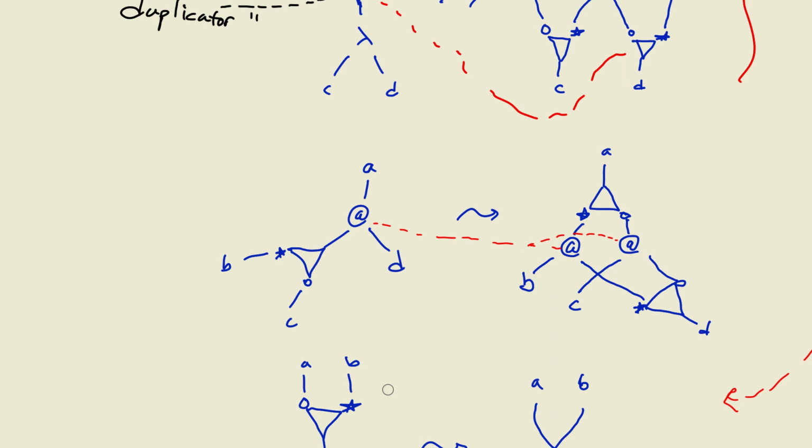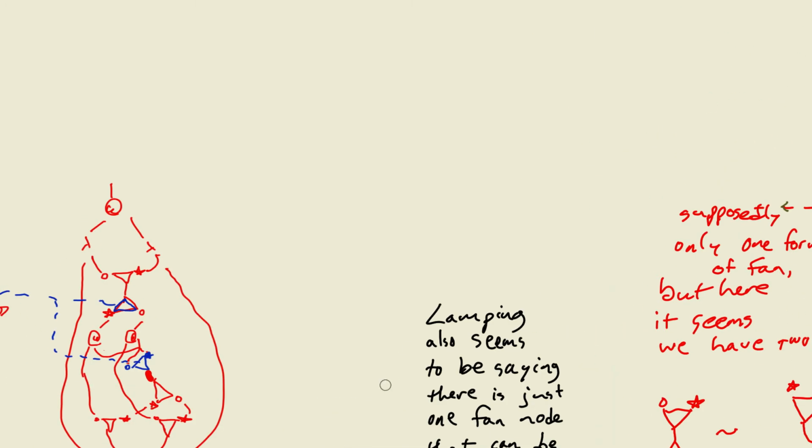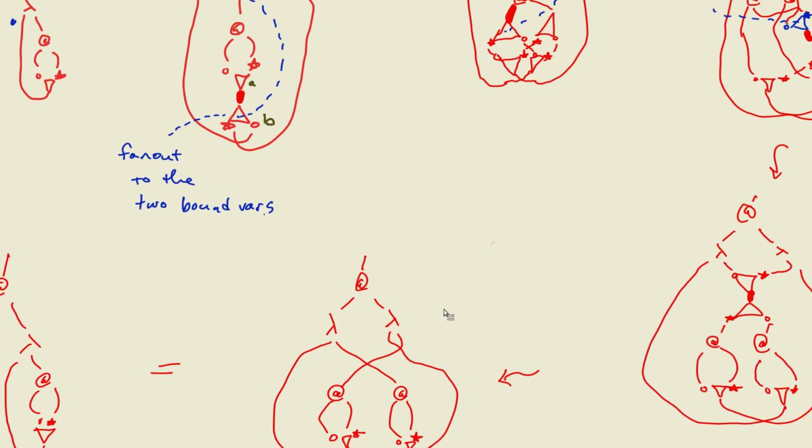So there's only a few beta steps needed, but there's a ton of duplication steps that correspond to the fact that you had a lot of reduction steps to do at the beginning. That's what they say. I haven't mined the depth of that paper, but okay. So let me just show you my last example, then I want to stop.